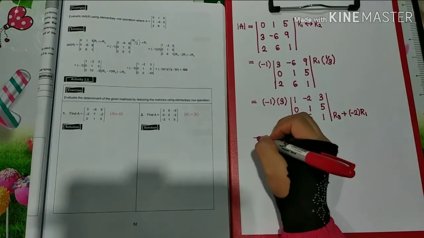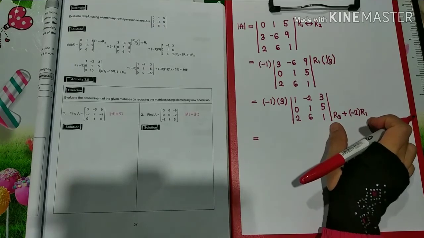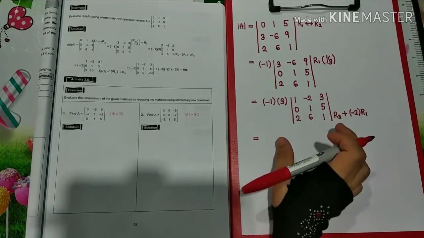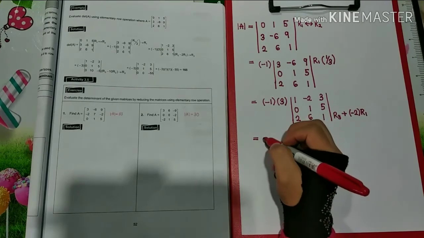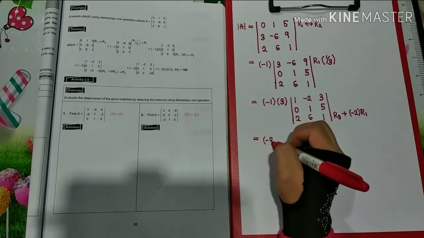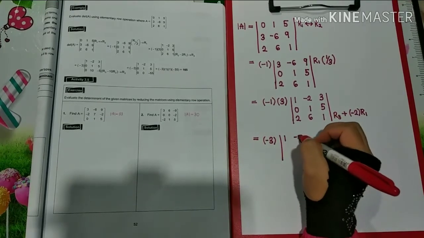So what happens to the determinant? If you add a multiple of one row to another row, no effect. So you don't have to do anything. You just copy back: -1 multiplied with 3, you will have -3. So you perform this operation on R3.